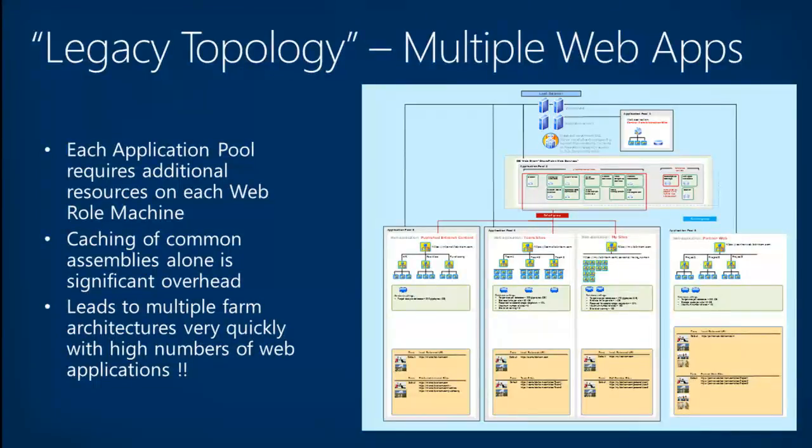Because as you guys know, you can't really control which ones run on which boxes. They just all run on your content farms, on your web front ends. So caching of just common assemblies alone is significant overhead for taking this route. And it leads you to a multiple farm architecture very quickly, not because of throughput, not because of scale from a storage perspective, but because you're running out of the physical memory that it would take to actually host this number of websites on a machine.